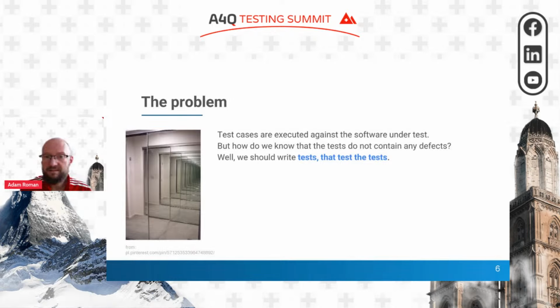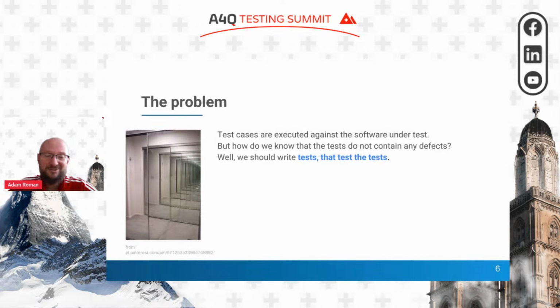Because we don't know if the tests contain any defects, we should write tests that test the tests, right? But now the problem occurs again, because when we write tests that test the tests, these tests can also contain defects. So we should test also these tests.